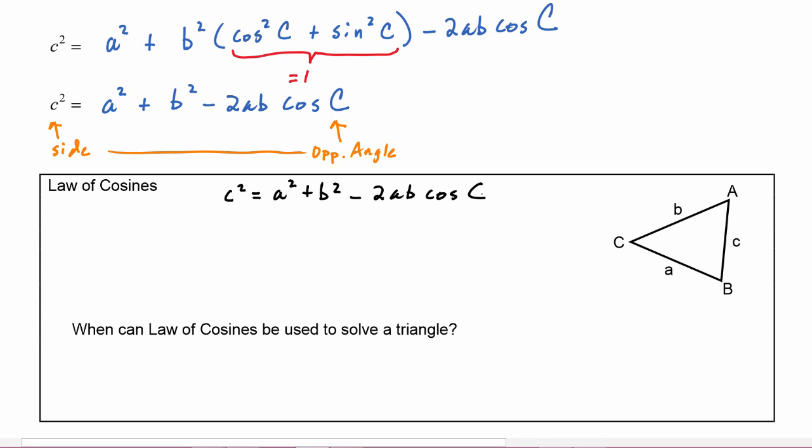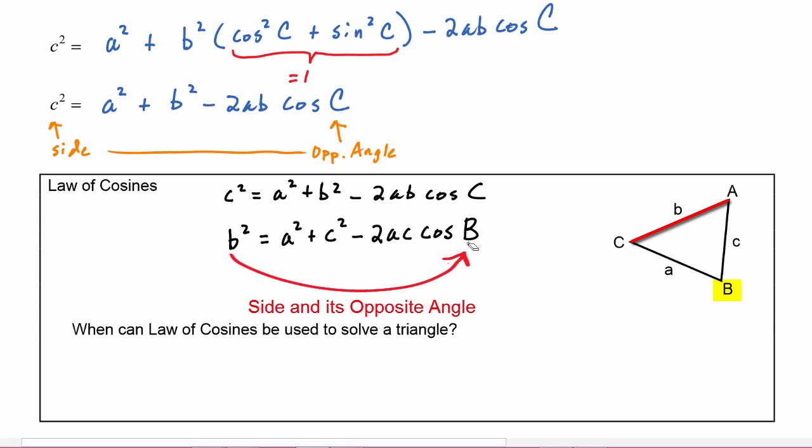We could also write it isolating the b side. So b squared is going to equal the sum of the squares of the other two sides, so a squared plus c squared minus 2 times ac times the cosine of B. Remember, whatever side you have here, its opposite angle is the one that's in the cosine argument.